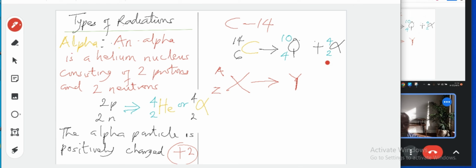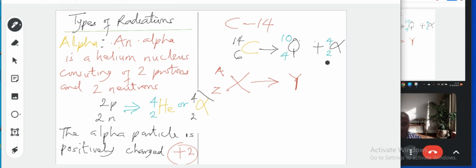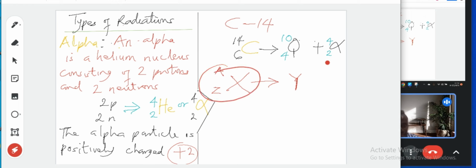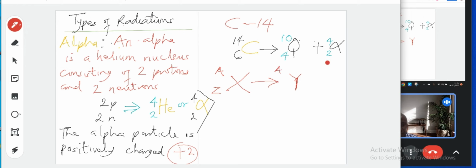This nucleus, X, initially had a mass number of A and an atomic number of Z. So if it undergoes an alpha decay, what will it become? A minus 4. Good. It becomes A minus 4 because an alpha particle has 4 nucleons.